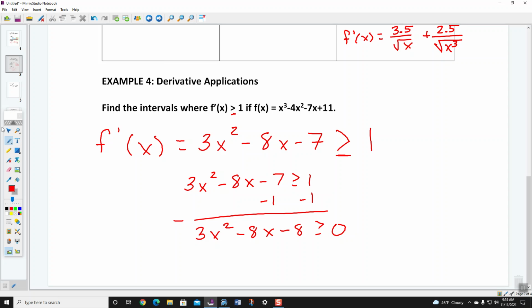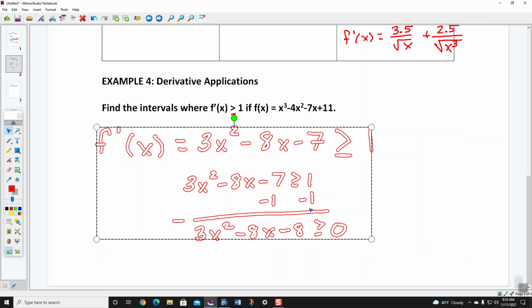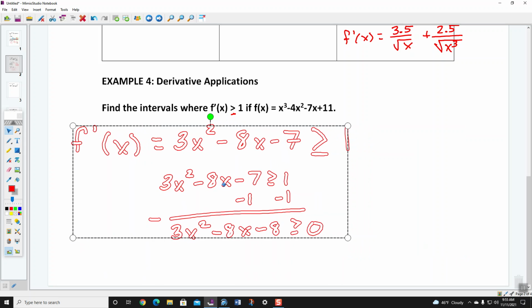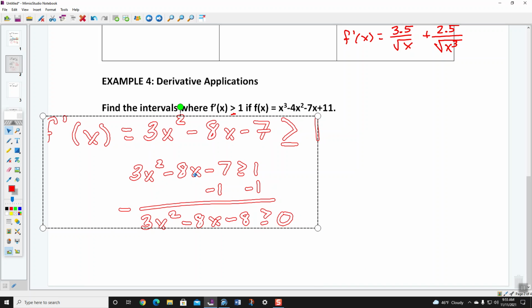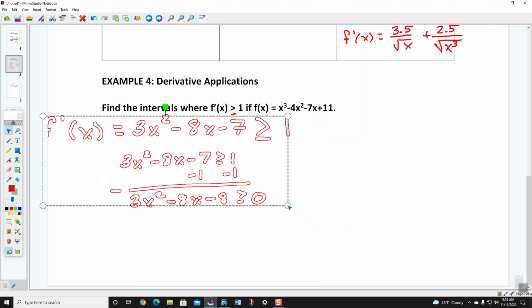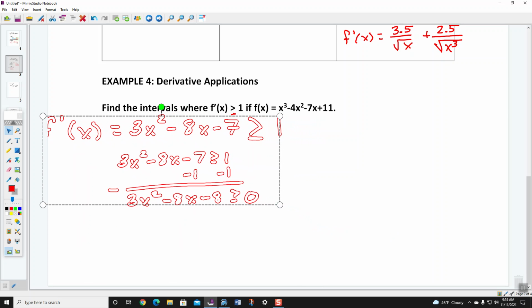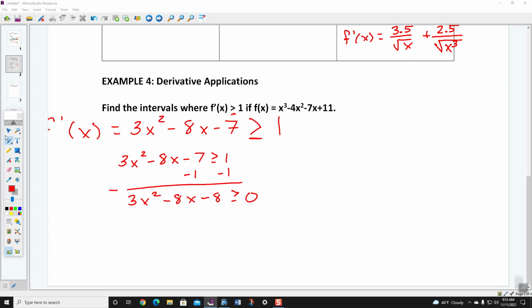Okay, here's what I would really like to do. I'd like to know where this function is equal to 0, so I'm going to try and factor this as much as I can.